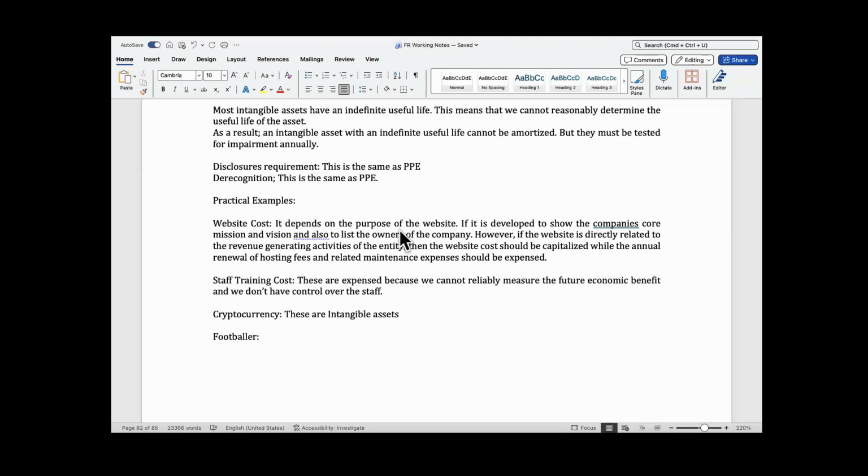From the perspective of IAS 38, since the contract can be measured and is identifiable, I think the player's contract is the intangible asset, sir. Okay. Nice contributions from everyone, and particularly Edward and Olalekan.